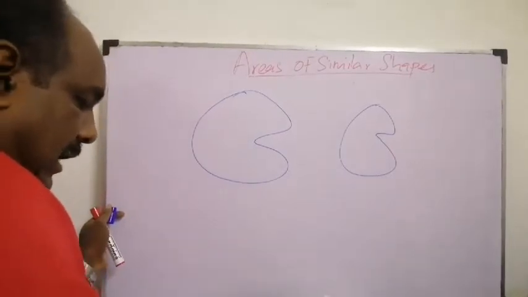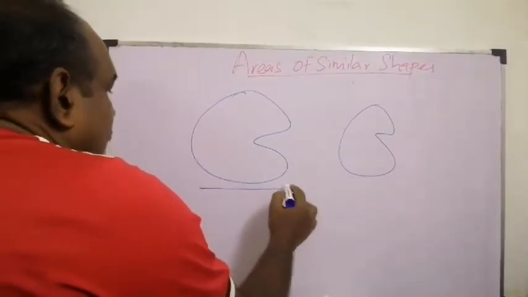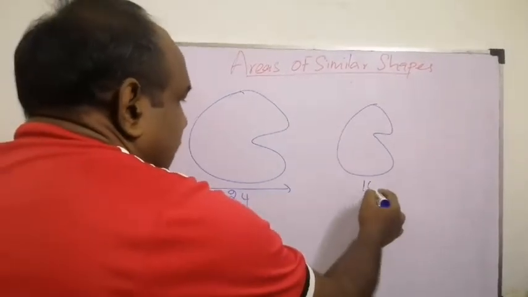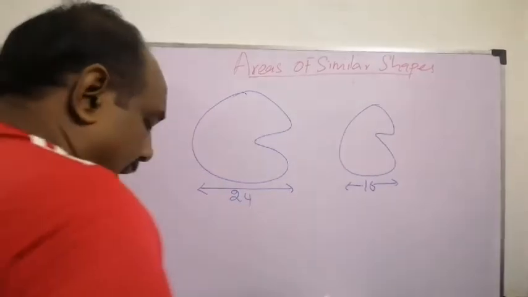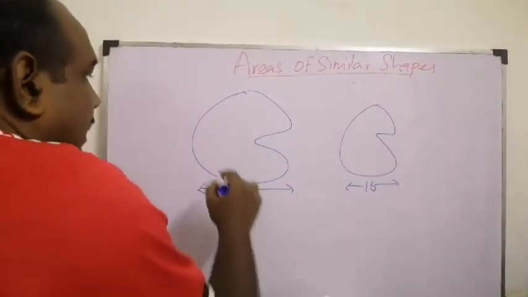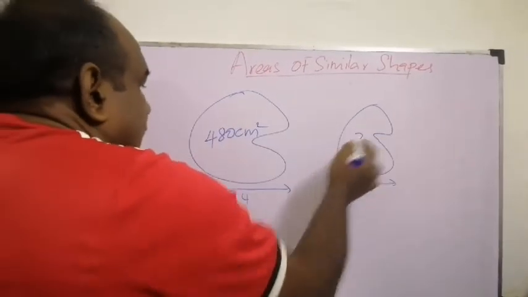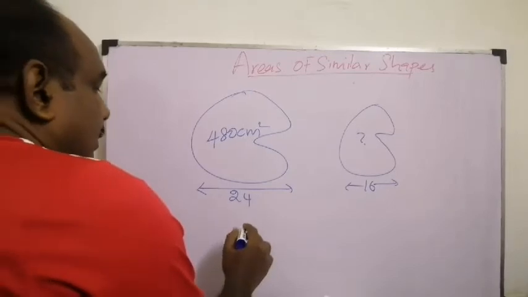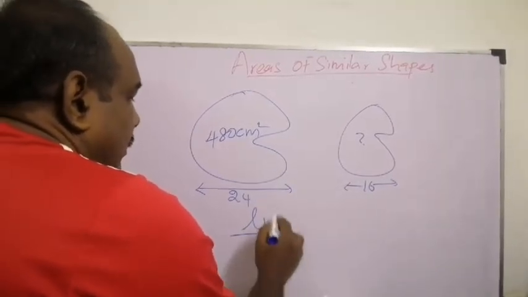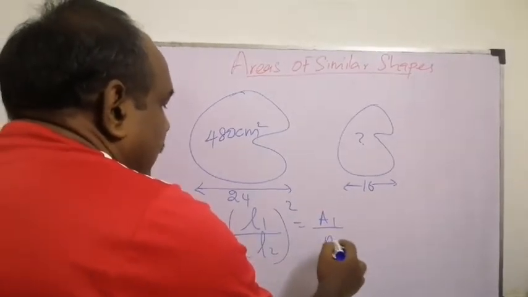Okay. A and B are similar. They said this side is going to be 24 and this is going to be 16. And they said the area of the bigger one is 480 centimeters square. They are asking for the area of the smaller one. So we know L1 over L2 squared is equal to A1 over A2.